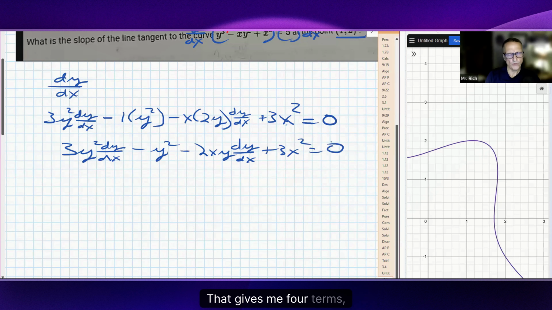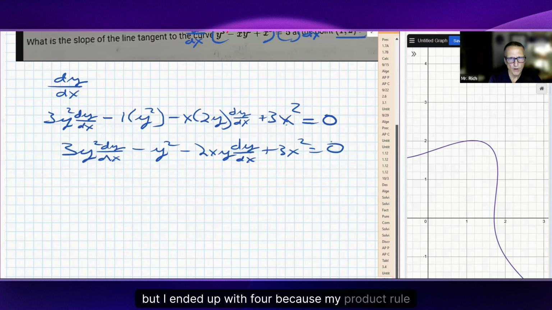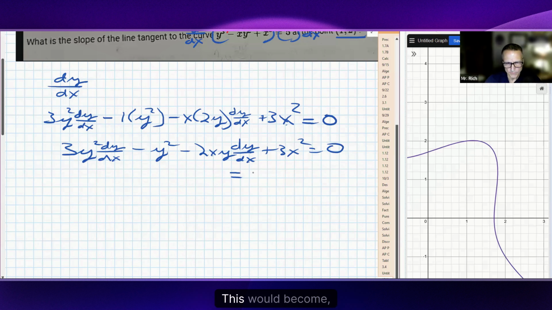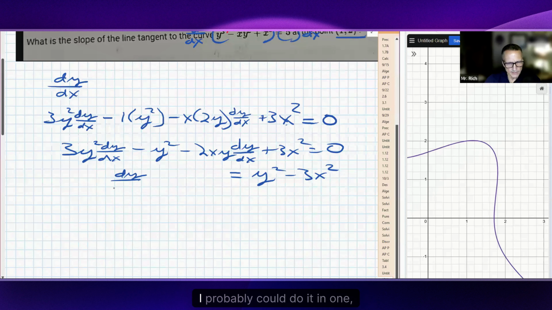That gives me 4 terms, right? Because I started with 3 terms, but I ended up with 4 because my product rule gave me 2 additional terms. 2 of those 4 terms have dy/dx. So I'm going to keep those on the left, move the others to the right. This would become y squared minus 3x squared. And then over here, I would factor out, I'll do it in 2 steps, I probably could do it in 1, the dy/dx.